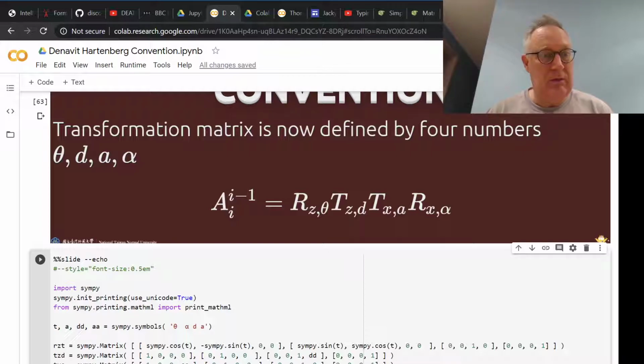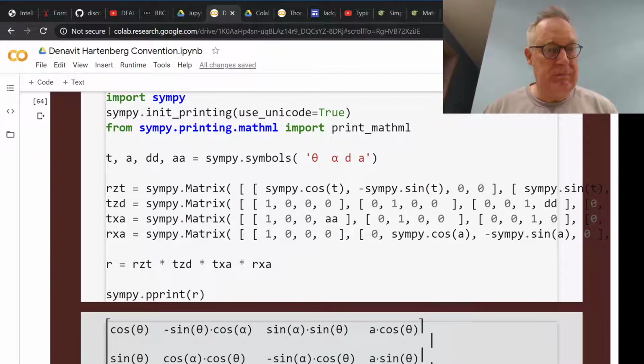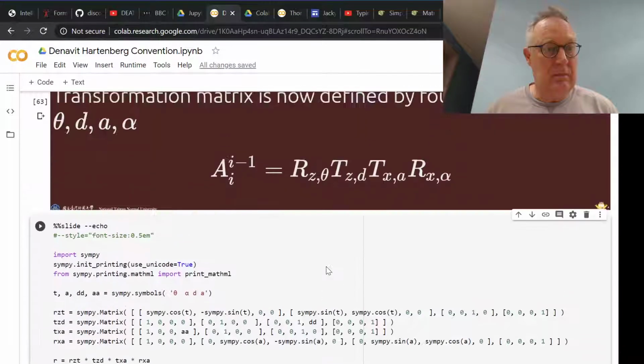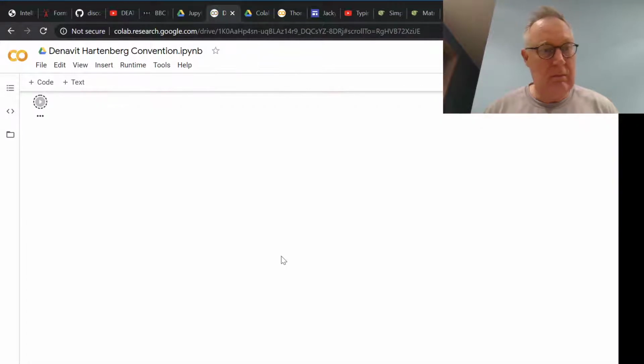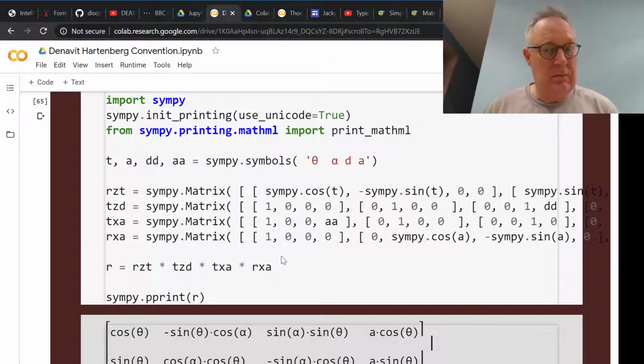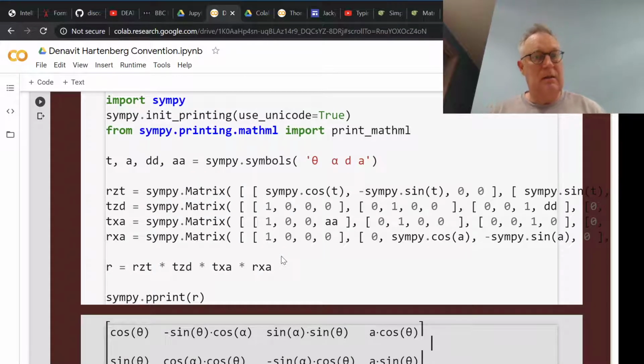And then we have rotate by theta around axis z, translate along z by distance d, translate along x by distance a, and rotate around x by angle alpha. And then this is what we get.